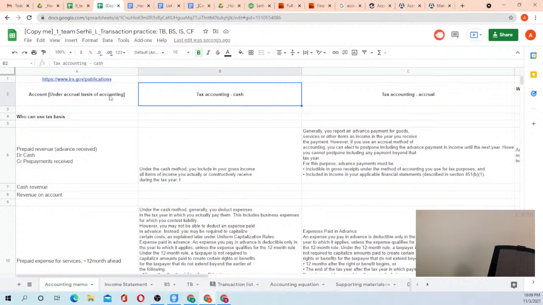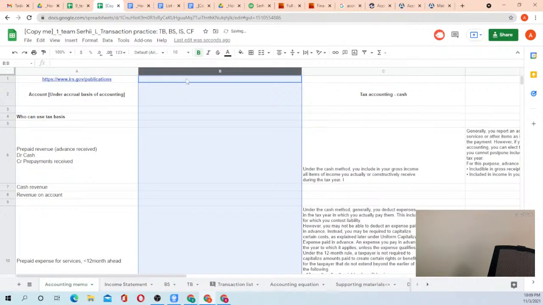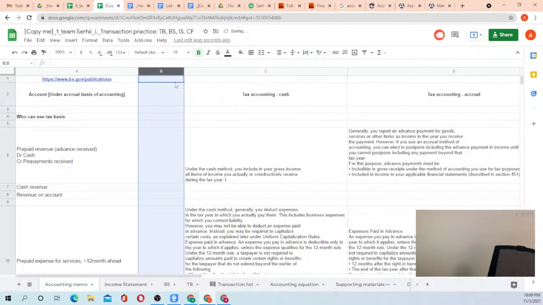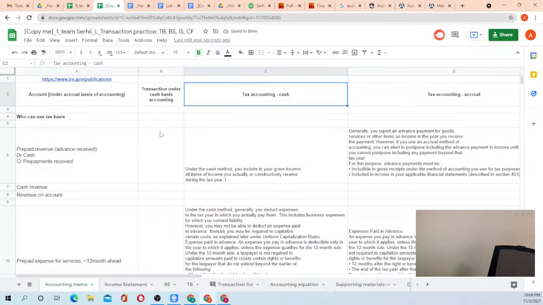Now, depending on what type of taxpayer we are, if we selected the cash basis tax accounting, let's just add cash basis accounting here.